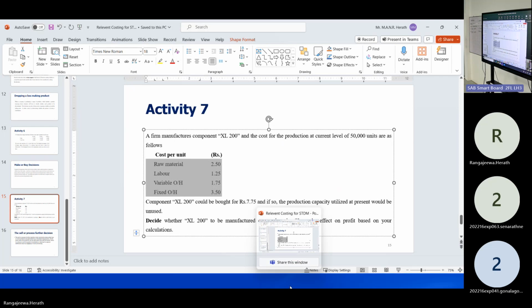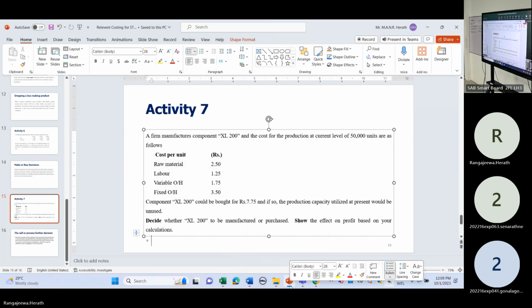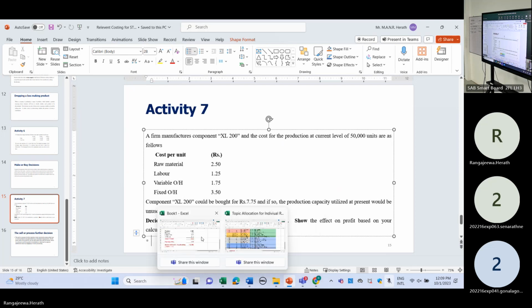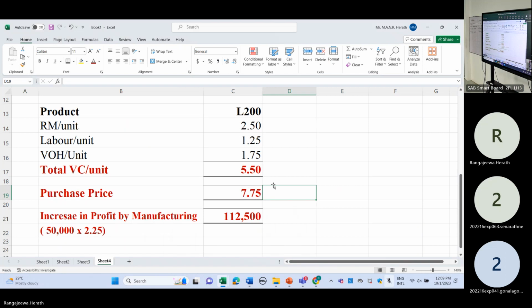In this activity we take variable cost as the only relevant cost. And there is a fixed overhead. The question is silent about it, so here I assume all fixed overhead cost is unavoidable, commonly incurred. Whether we produce or buy externally, that fixed cost would have been incurred.